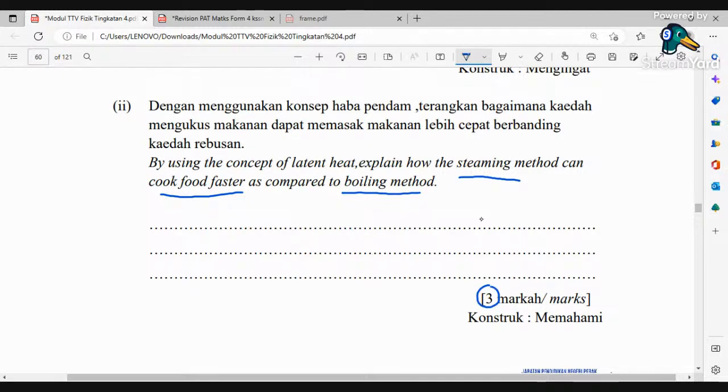Okay, so the first point, we discuss about boiling dulu. At boiling point, water absorbs latent heat of vaporization, which is larger, to change to steam.